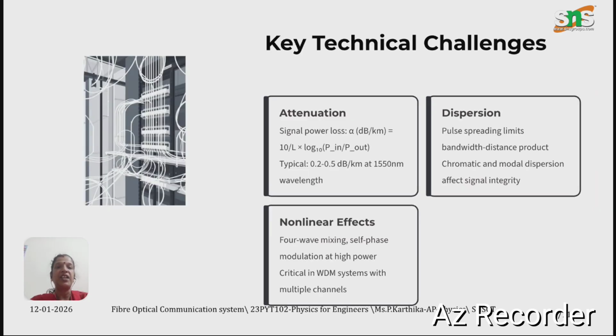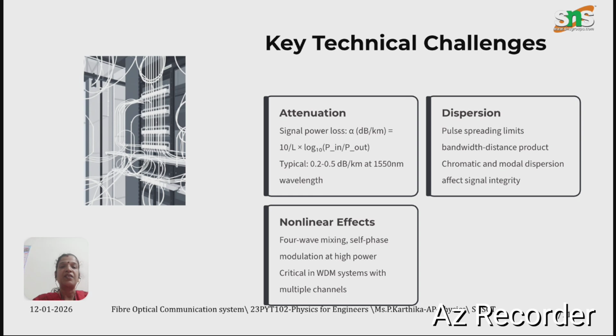Here we can see some key technology challenges. Attenuation is nothing but the loss. We calculate it as the ratio of output power to input power. The typical value is 0.2 to 0.5 decibel per kilometer at 1550 nanometer wavelength.